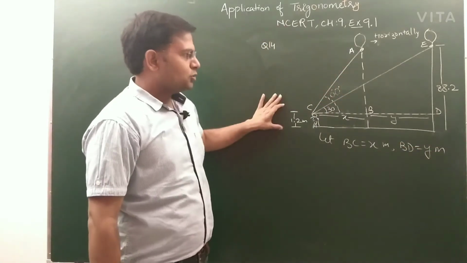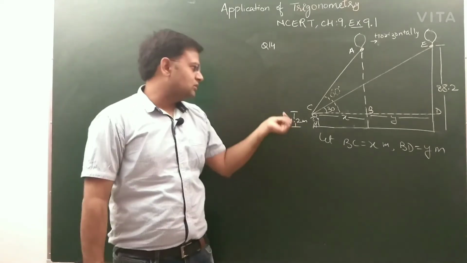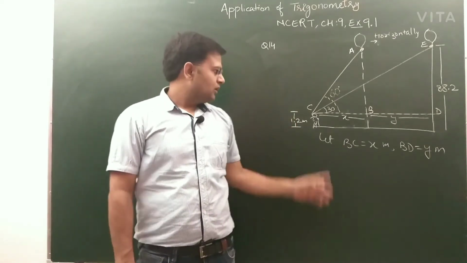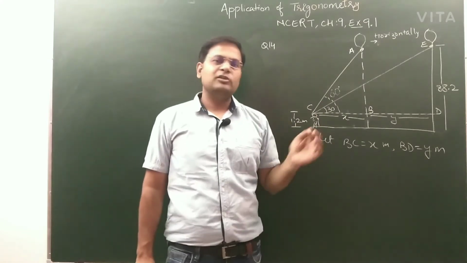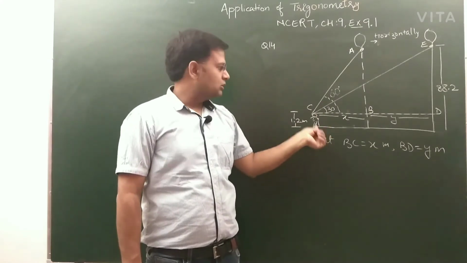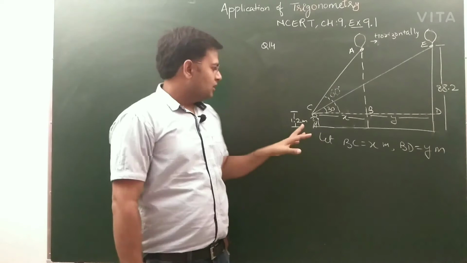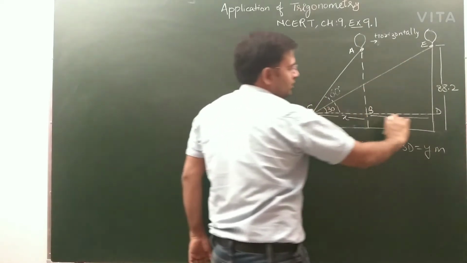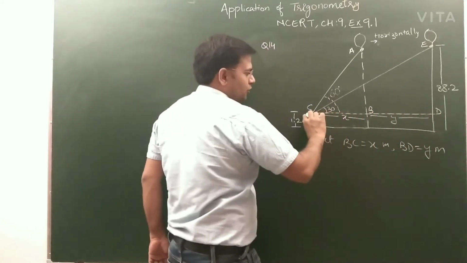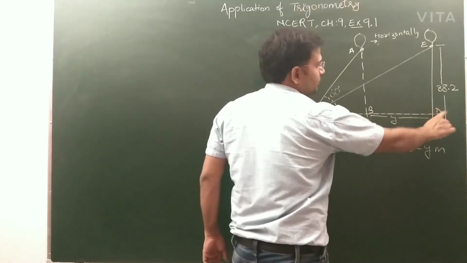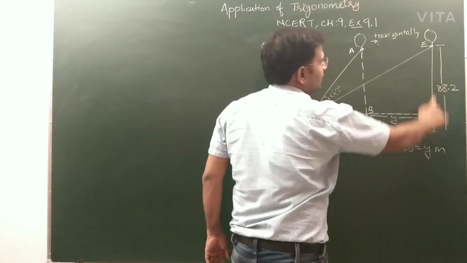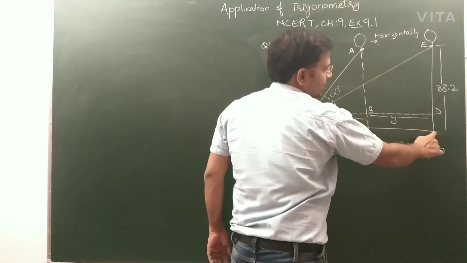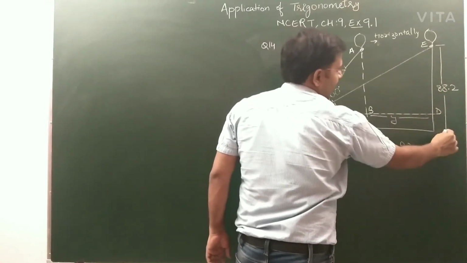Now in this question, it is very important to understand why this height is given to you. This height and the angle of elevation is not from the bottom, this is from the eye of the girl. So this 1.5 meter, actually this gap, you no need to find this gap, so you subtract. This complete one is given from E to this point bottom, this is given as 88.2.